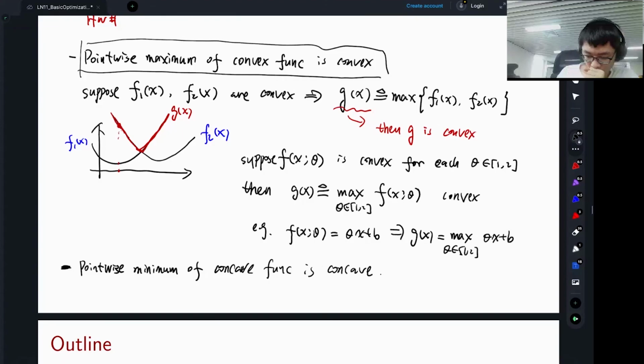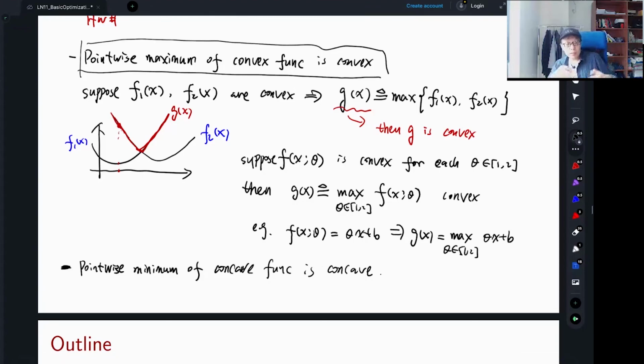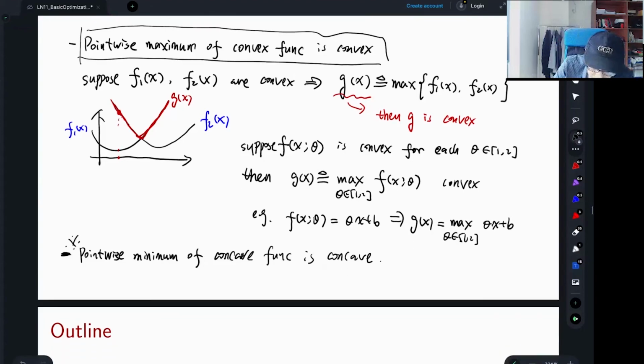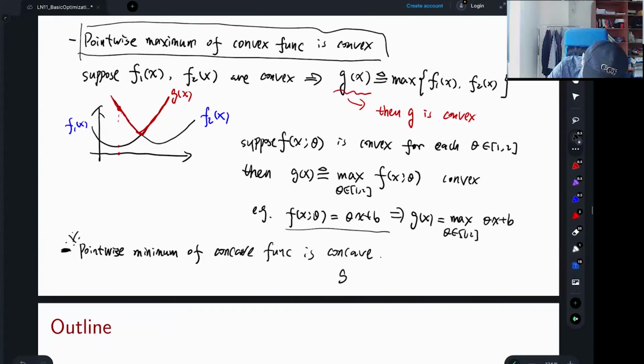Because you need to take the negative sign, maximization becomes minimization, and convexity becomes concavity. That's also quite important. For example, with the same function, if I define g of x as the min over theta in 1 to 2 of theta x, this is concave, because an affine function is both concave and convex. If I take the pointwise min, I get a concave function. If I take the pointwise max, I get a convex function.